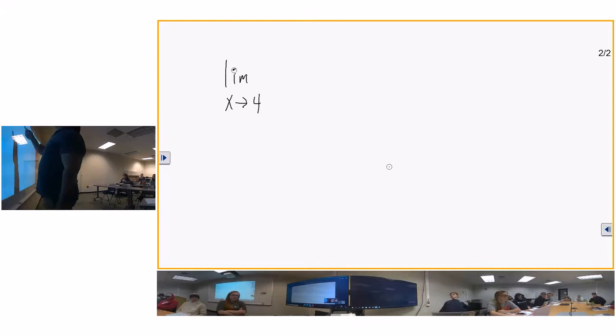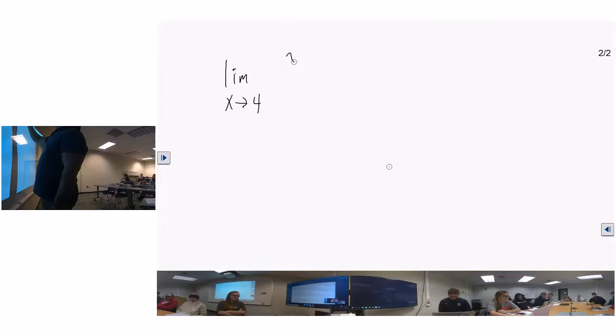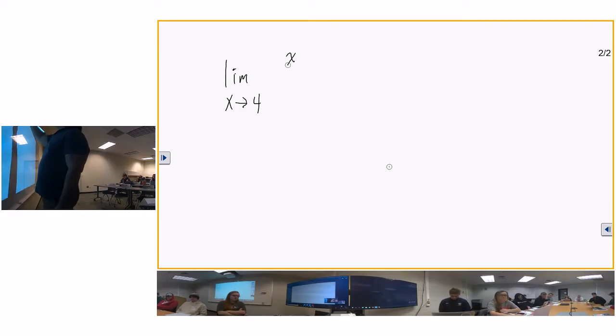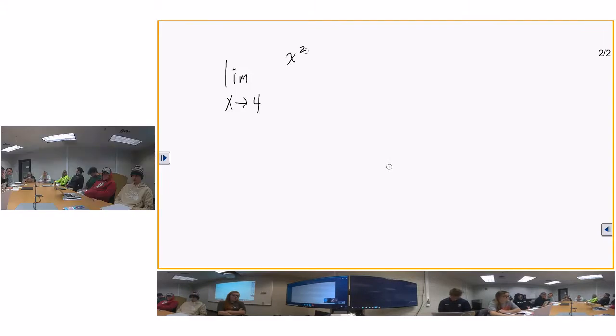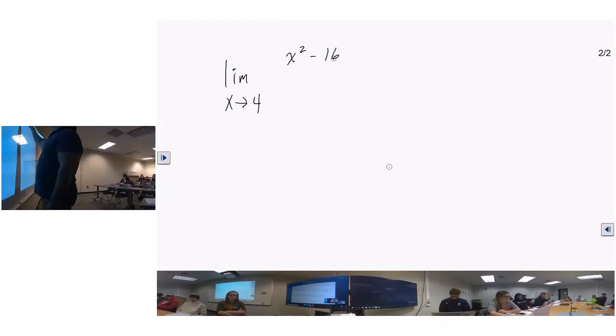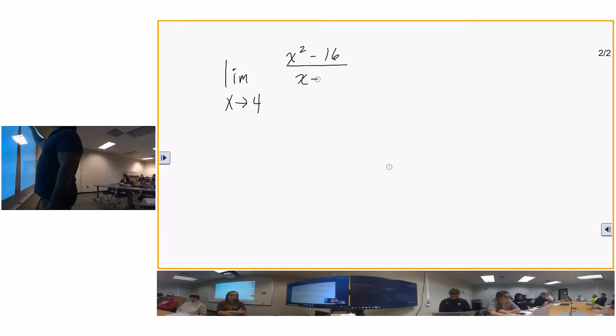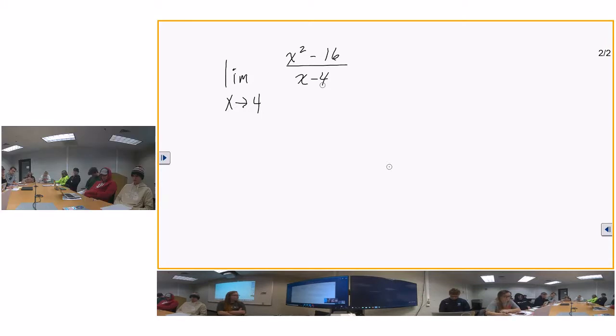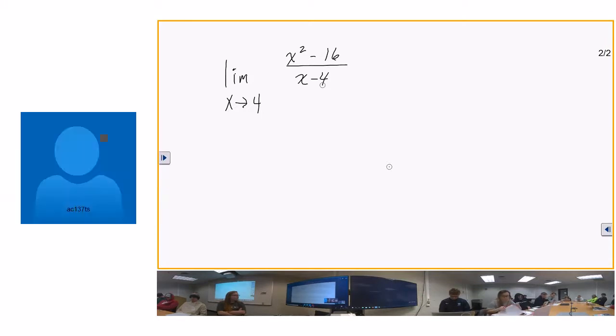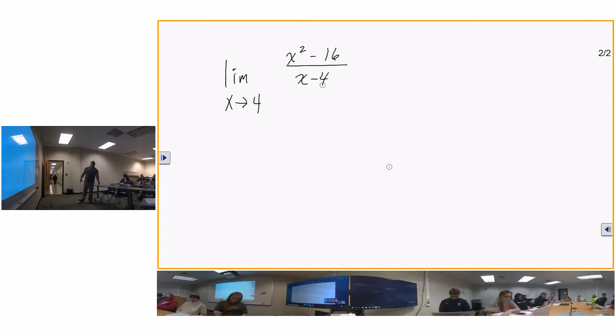But if I give you x squared minus 16 over x minus 4, the first thing you're going to say is, oh, that's undefined because you can't have 4. 4 minus 4 is 0, and 0 gives you an undefined function, so it's undefined.